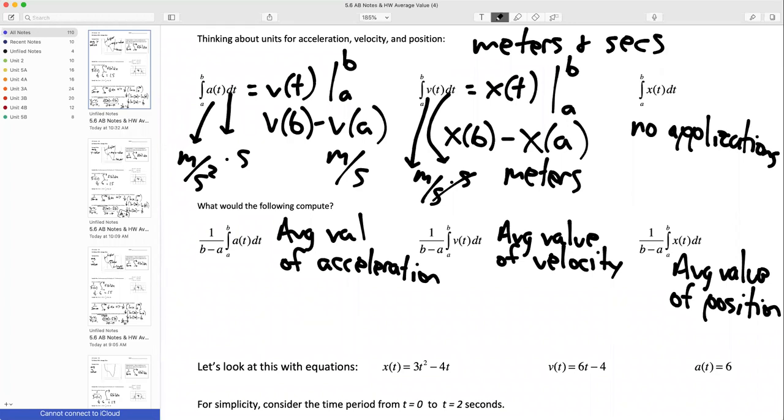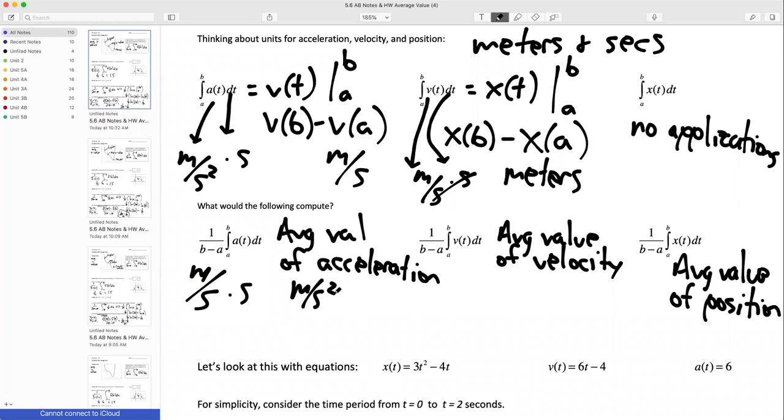The bounds are time. So I have meters per second, and then I divide by seconds again, and I get meters per second squared. And that makes sense, because this is an average value of what? An acceleration.